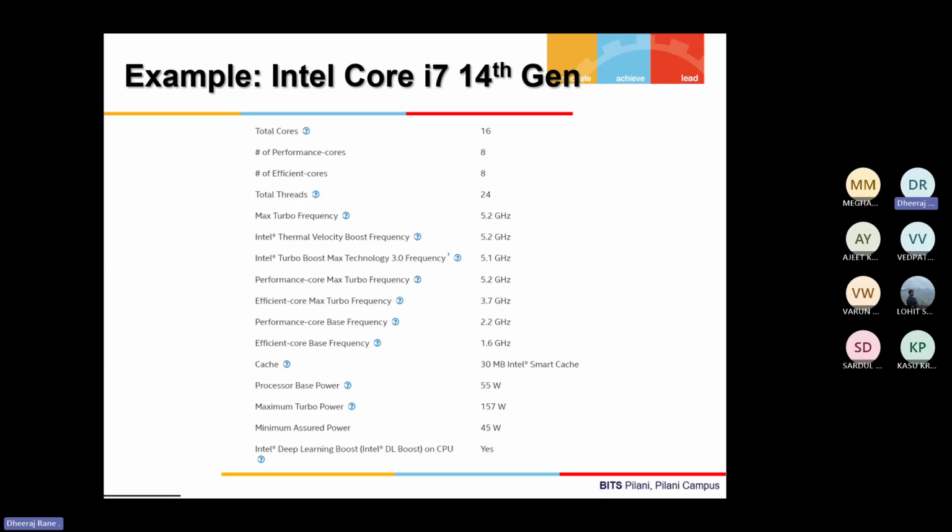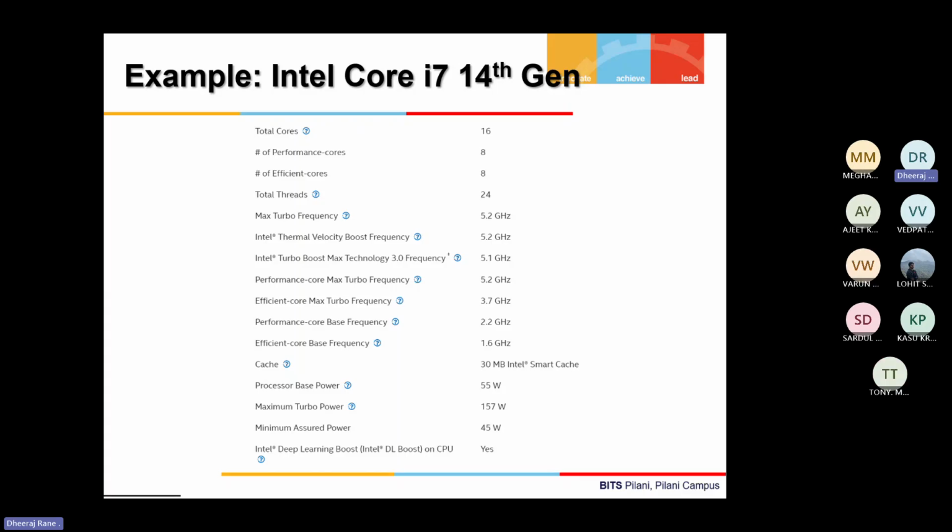There is a concept of turbo frequency, and using DVFS, that is dynamic voltage frequency scaling, the voltage of the processor is varied dynamically based on the need and the temperature parameters, and accordingly the speed is varied, just for having optimum performance along with cost effectiveness.